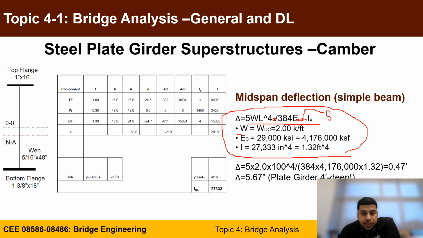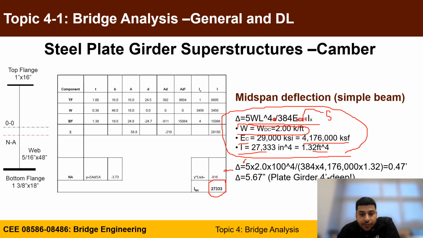Your W is your WDC, which is 2 kip per foot. Your E is 29,000 KSI, sometimes 28,000 KSI, converted to KSF. And your inertia, you calculated already as 27,333. You calculate the deflection from this equation.